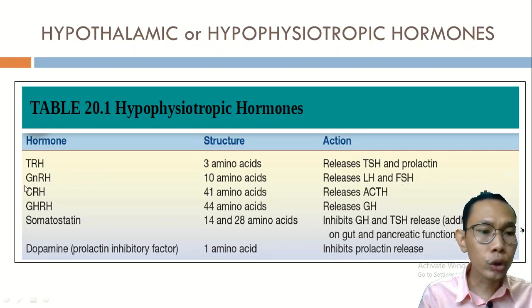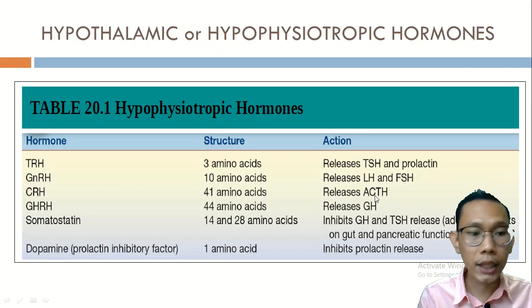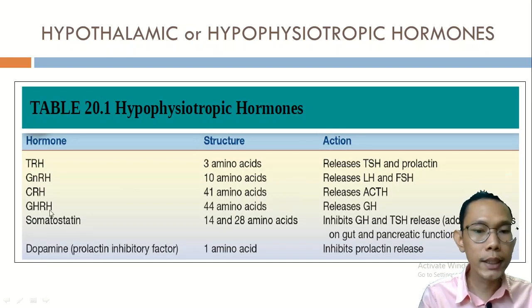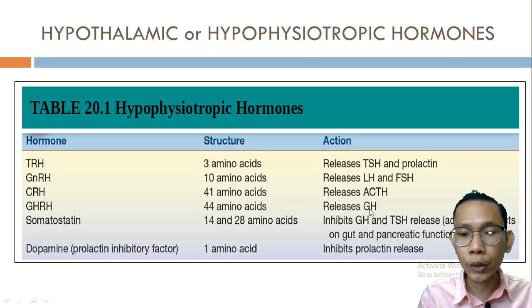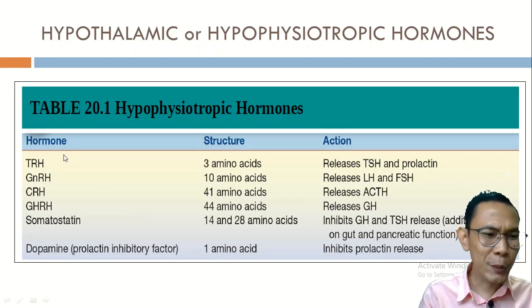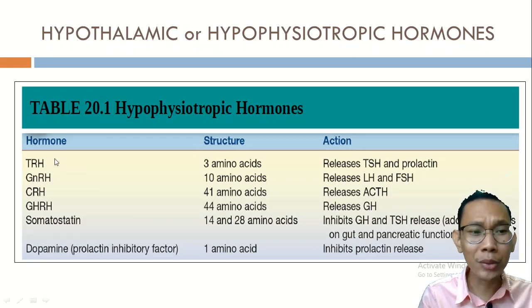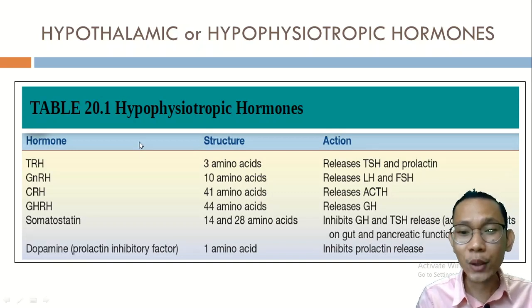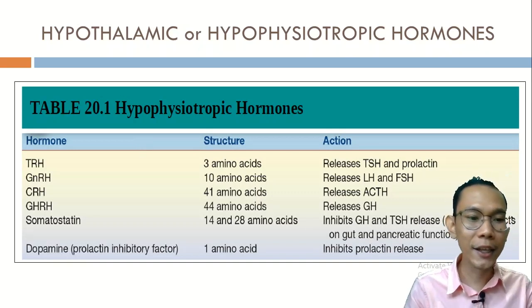Your corticotropin releasing hormone will release your ACTH. Your growth hormone releasing hormone will release your growth hormone. So basically very basic. As long as you understand that it's a releasing hormone, meaning it will release the hormones from your pituitary gland. These all hormones will release or stimulate your pituitary gland.